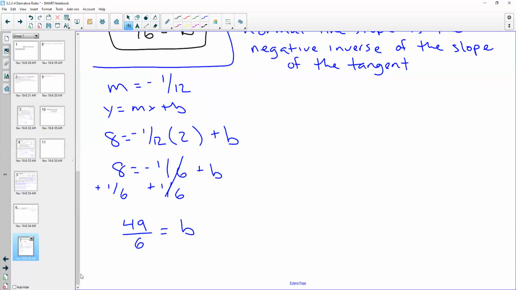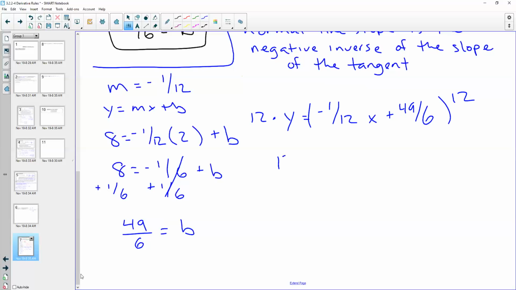So now that we know b and we know m, we can find the equation of our line. So y is equal to negative 1 over 12 x plus 49 over 6. Okay, I am going to multiply this by 12 to get rid of that denominator.